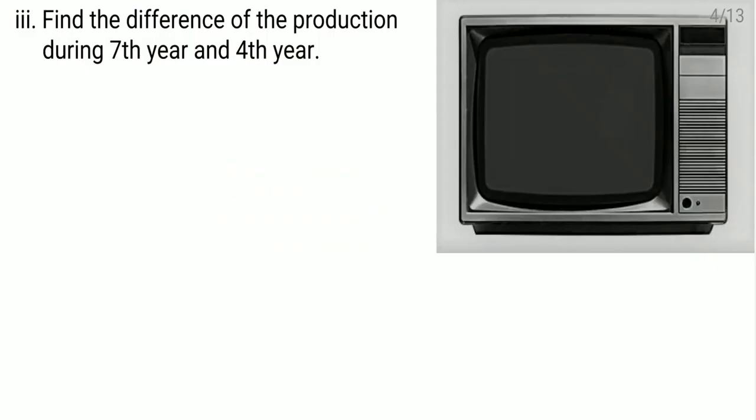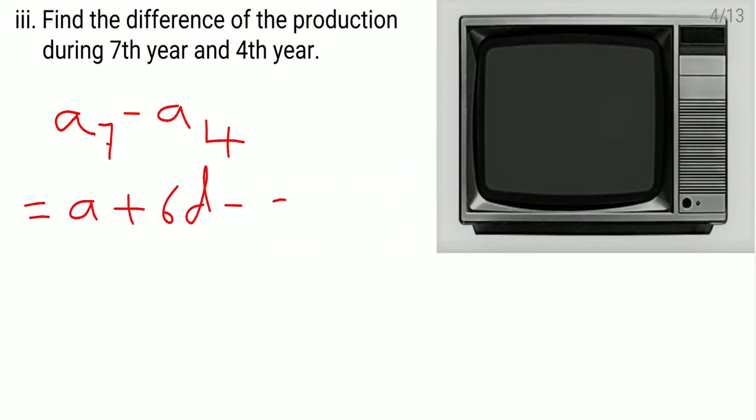Third question. Find the difference of the production during the 7th year and 4th year. That means they want to find out the difference. So we need to do A7 minus A4. The A7 formula we know, A plus 6D, minus A4, which is A plus 3D.